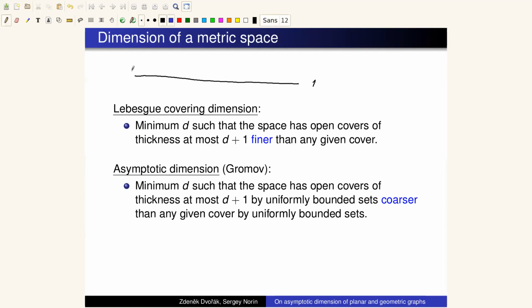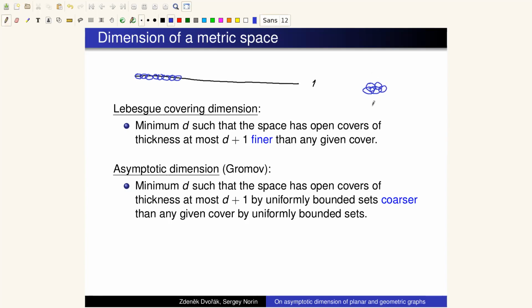Well, that's because I can cover it arbitrarily finely by some sets such that every point belongs to at most 2 of them. Why does the plane have dimension 2? Well, because I can cover it by things like this, and if I'm careful enough, every point will belong to at most 3 of them.